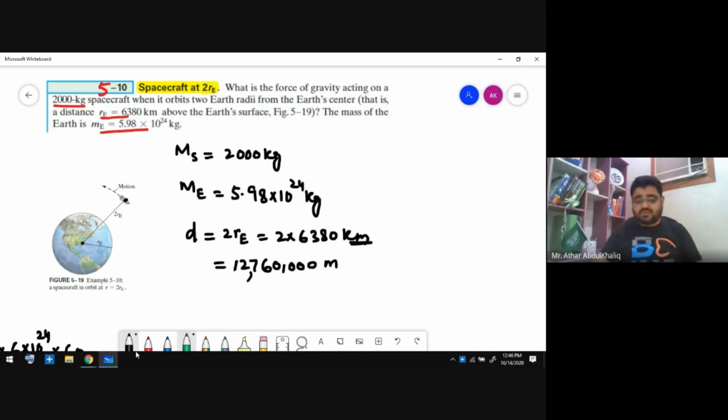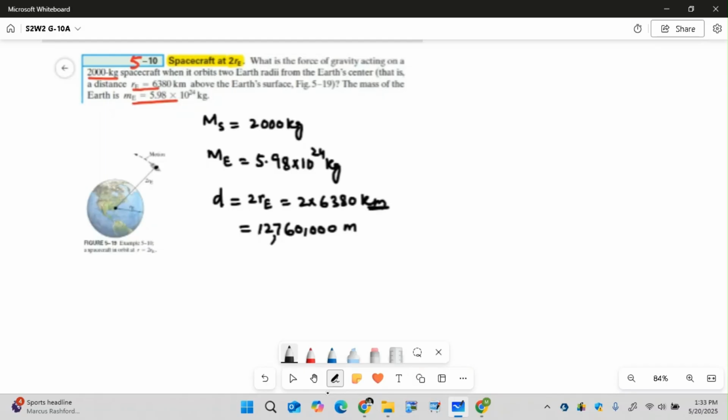So substitute the values. Here we have the rule. F is equal to G M1 M2 over R square or you can say D square. Both are okay.